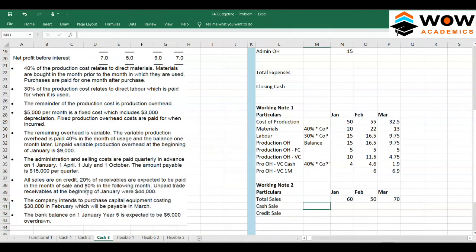So the rule is that in the same month we get 20%, and in the next month we get the balance 80%.